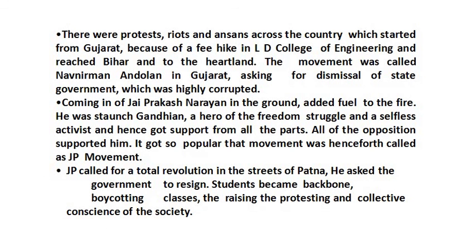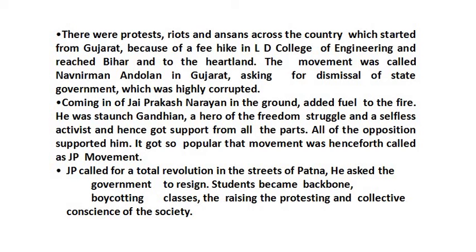There were protests and riots in various parts of the country which started from Gujarat because of a fee hike in LD College of Engineering and reached Bihar and the heartland. The movement was called the Navnirman Andolan in Gujarat, asking for the dismissal of the highly corrupt state government.